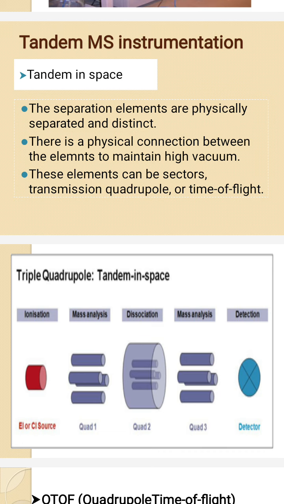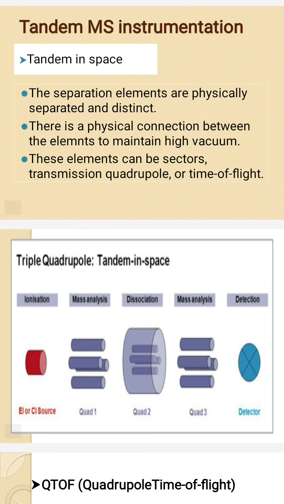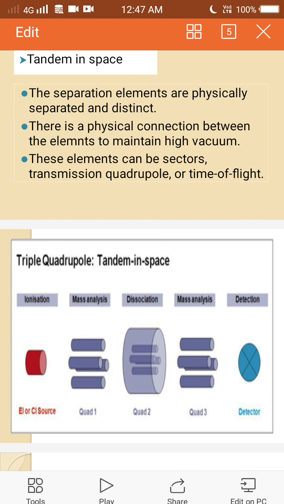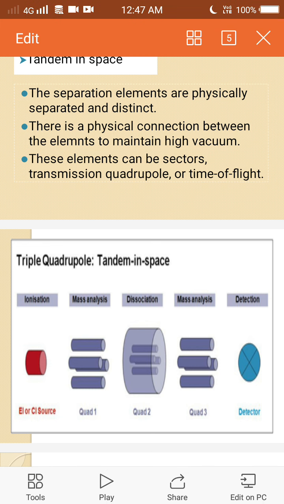In tandem mass spectrometry in space, the separation elements are physically separated and distinct. Although there is a physical connection between the elements to maintain high vacuum, these elements can be sectors, transmission quadrupole, or time of flight. When using multiple quadrupoles, they can act as both mass analyzers and collision chamber.